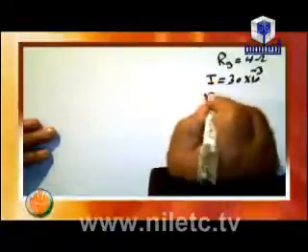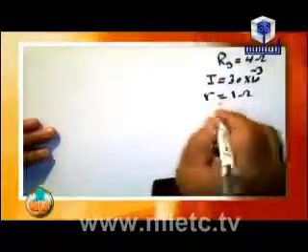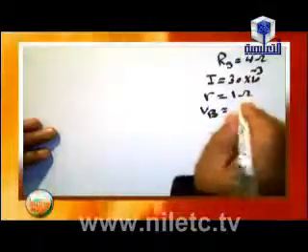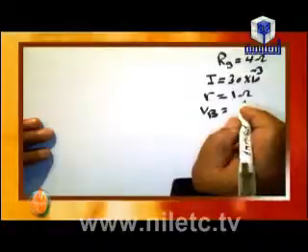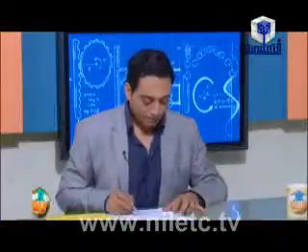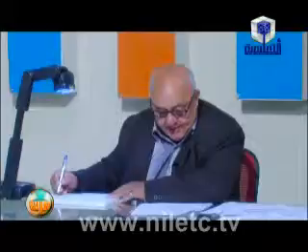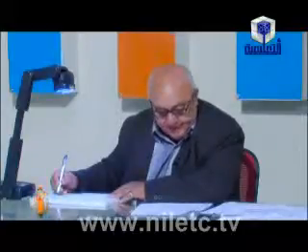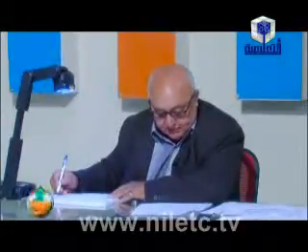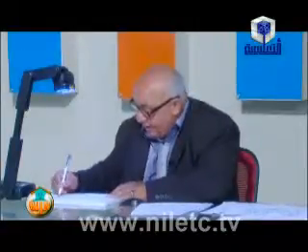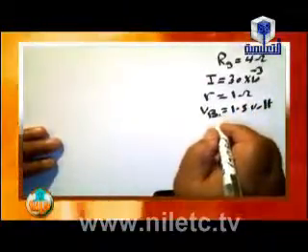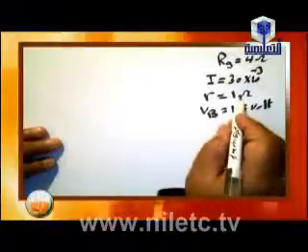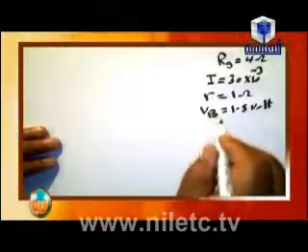Calculate the value of the required standard resistor, and calculate the external resistance needed to make the pointer deflect to 10 milliampere. This is the EMF of the battery, and the internal resistance equals 1 ohm.